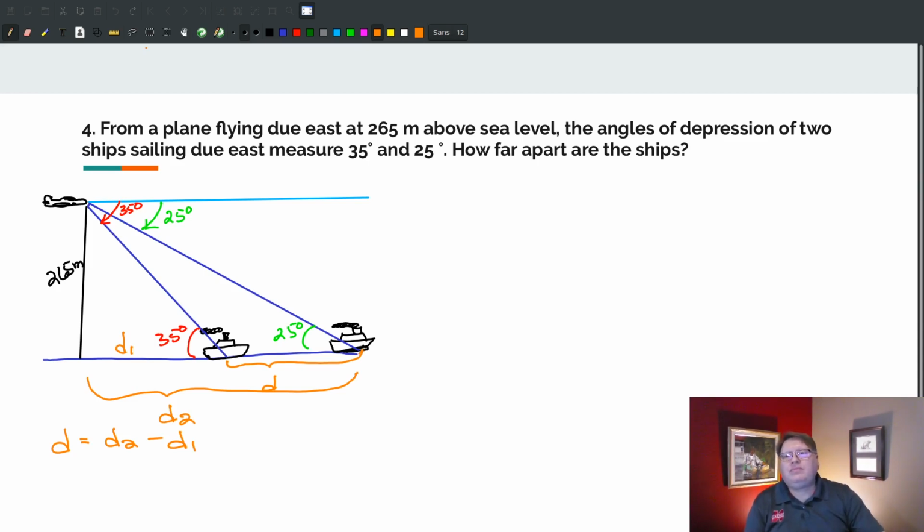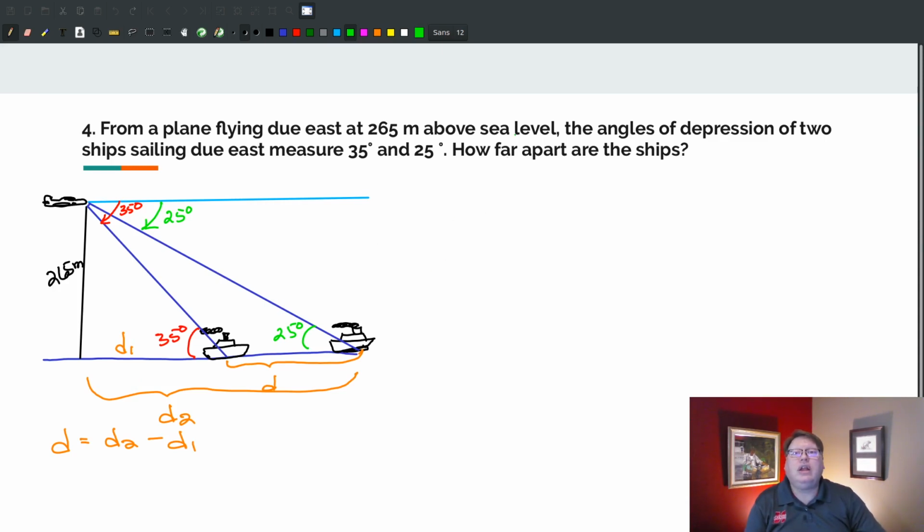So let's see, what is our first distance? And I will do that in green. So we'll do this D2 first. If I look at D2 and I look at the 265 meter height, I hope you're seeing this is again a tangent ratio, because with respect to the 25 degree angle, we have an opposite side of 265 meters and an adjacent side of D2.